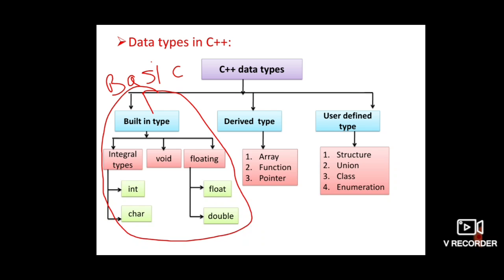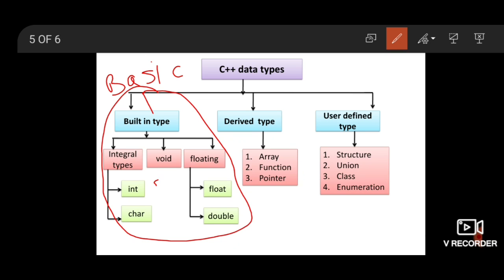In integral data types, int and char. An int variable requires 2 bytes. A char variable requires 1 byte. Now void data type means no return data type, always empty. It is used for a function with empty arguments, to declare generic pointers, and it does not return any value.